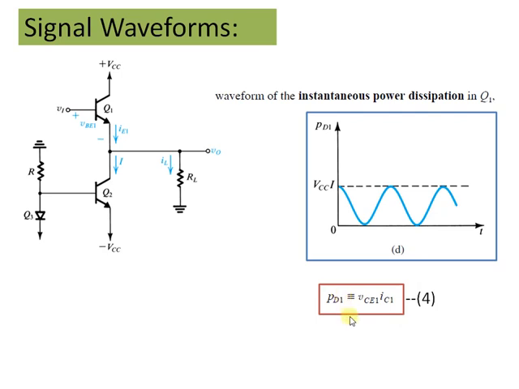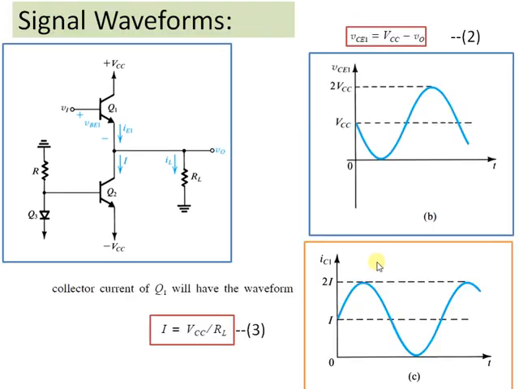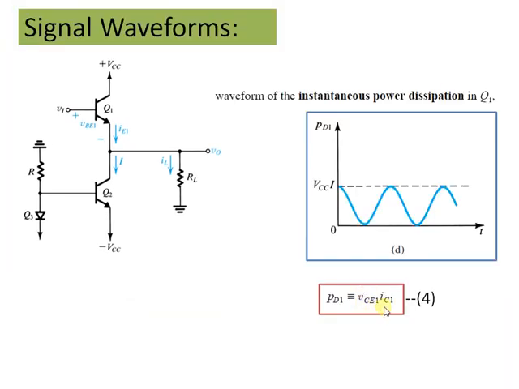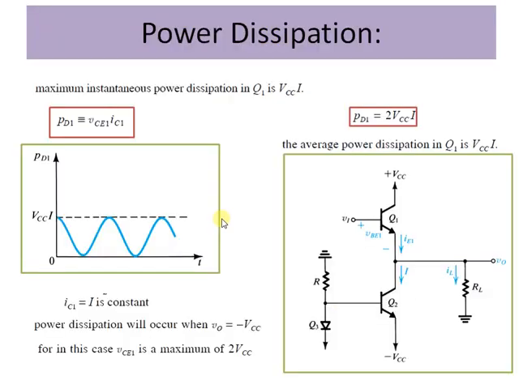That is why when we compute VCE1 into IC1, the value will be equal to VCC into I, which is denoted as equation number 4. Now coming to the power dissipation. The maximum instantaneous power dissipation in Q1 is VCC into I, which is denoted in this particular graph, and PD1 is equal to VCE1 into IC1, which we have seen.